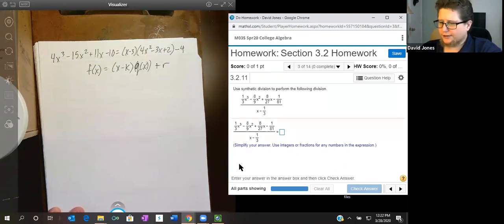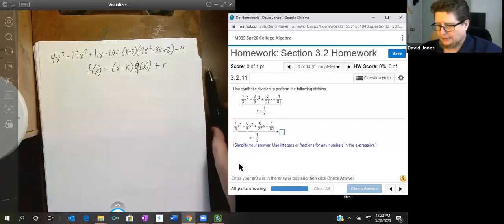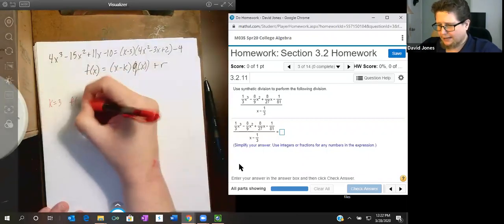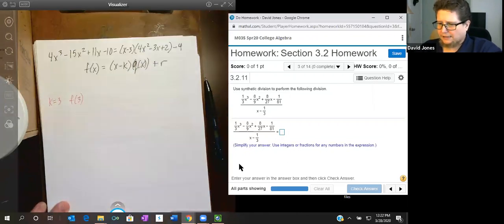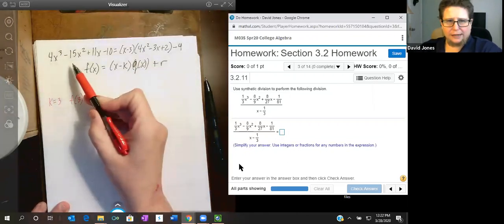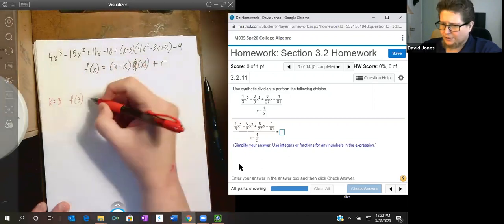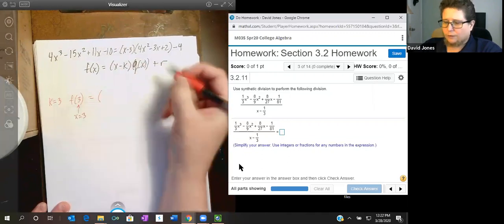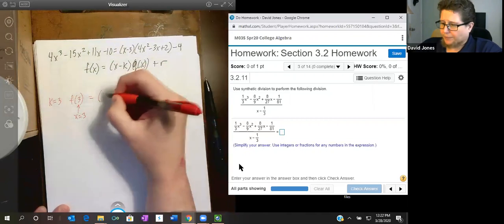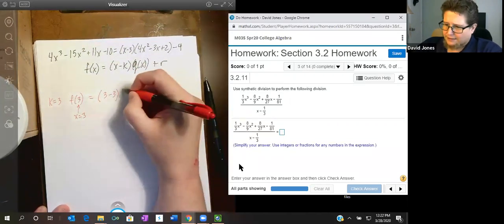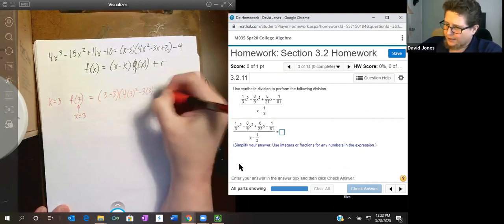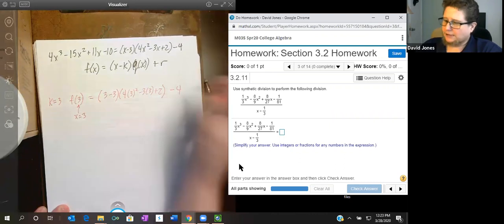Now we showed those two sides are equal. Watch what happens when I plug in 3. K equaled 3. So I'm going to evaluate f of 3. I could do it on the left side and work everything out, or I could do it on the right side. This just says x equals 3. Replace x with 3. I have 3 minus 3 times 4 times 3 squared minus 3 times 3 plus 2 minus 4.